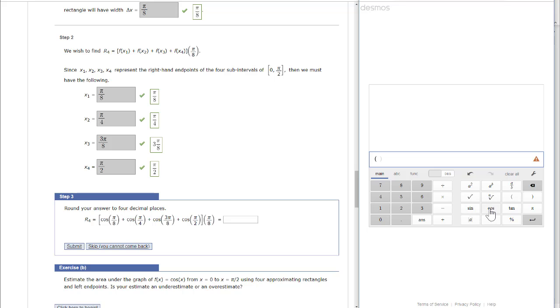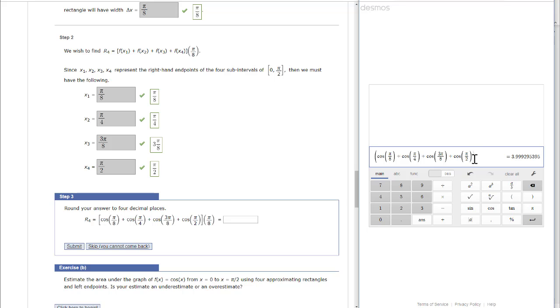We have the cosine of pi over 8, and then we're going to add another cosine, this time pi over 4, and then another cosine, this time 3 pi over 8, and then cosine of pi over 2, which is 0.